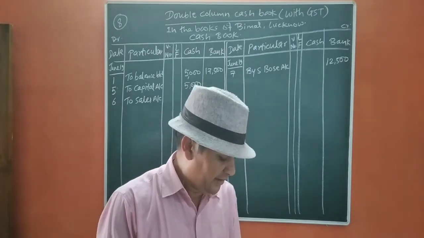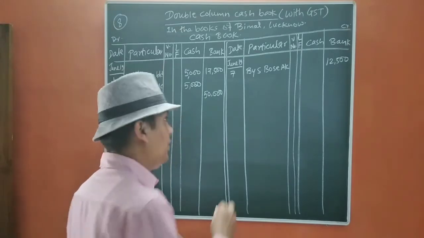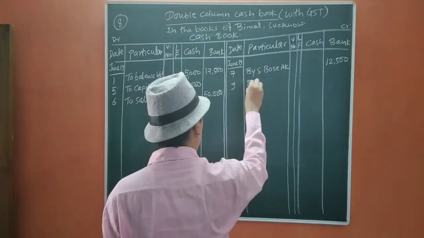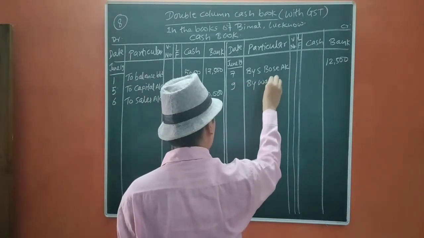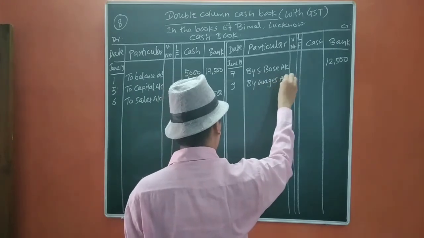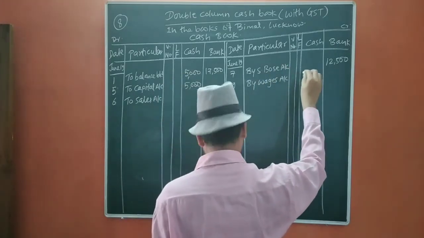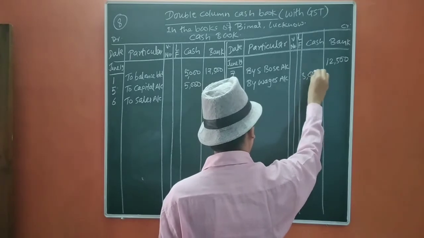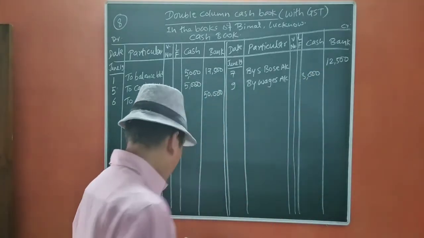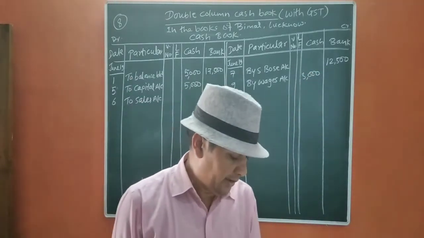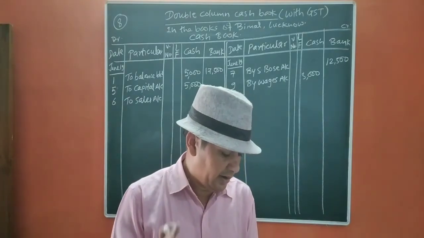Next, June 9, paid wages in cash, 3,000. Okay, so June 9 by wages account, the amount is 3,000. Then June 20, received a cheque from A. Mukherjee and sent it to bank.